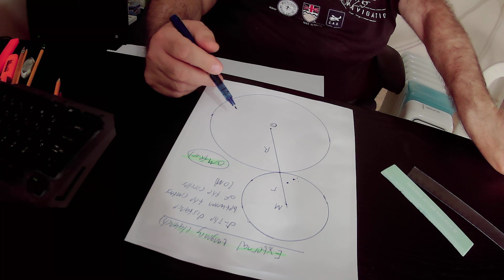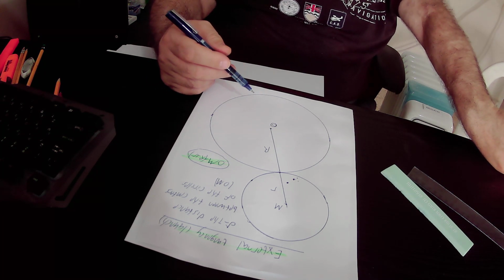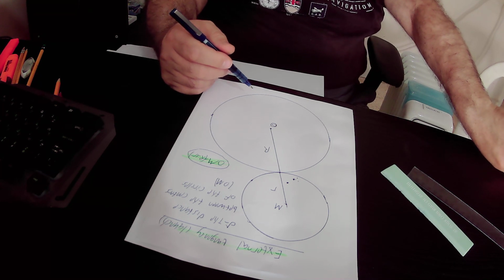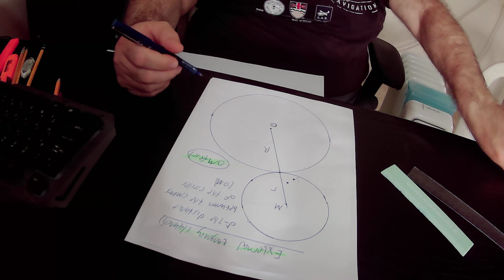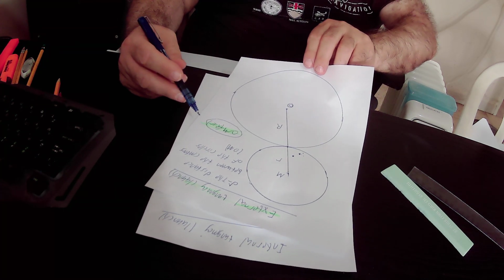That is to say, it is equal to capital R plus small r. So this is the first type of tangency between two circles, that is the external tangency.